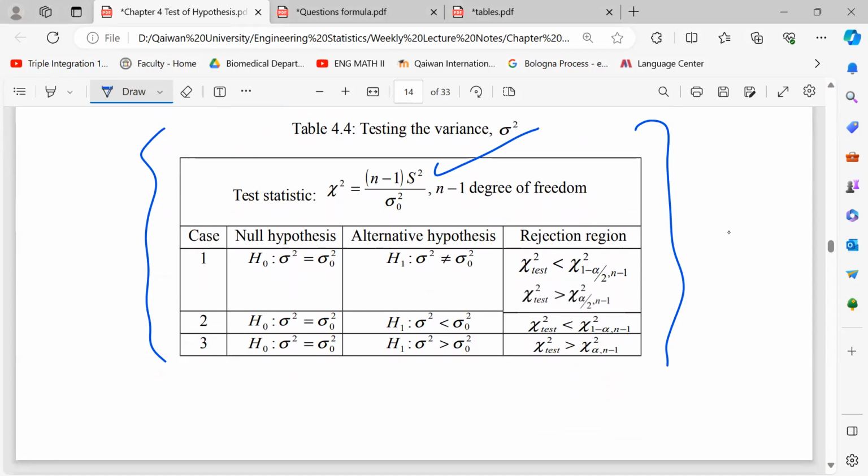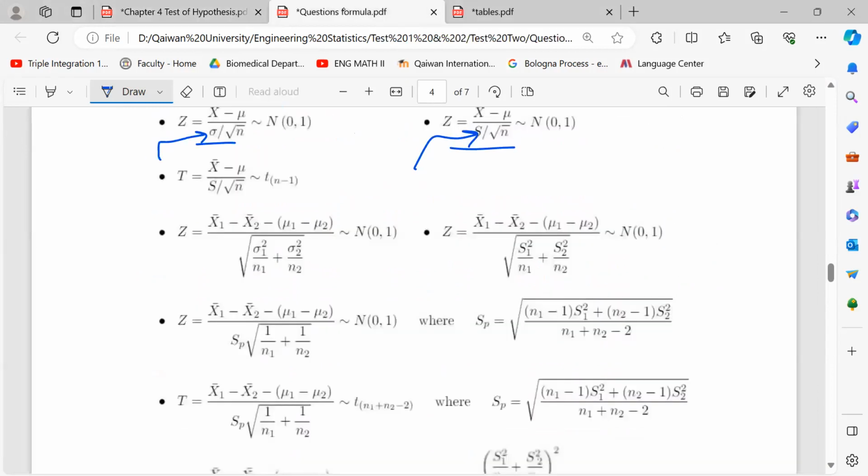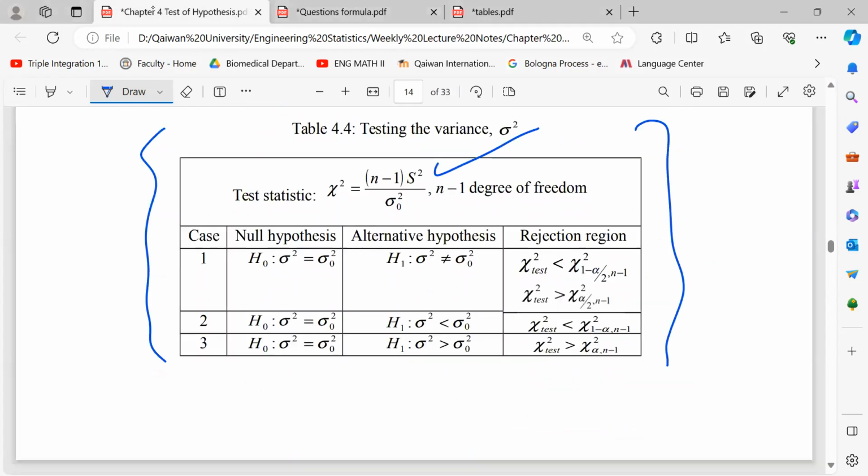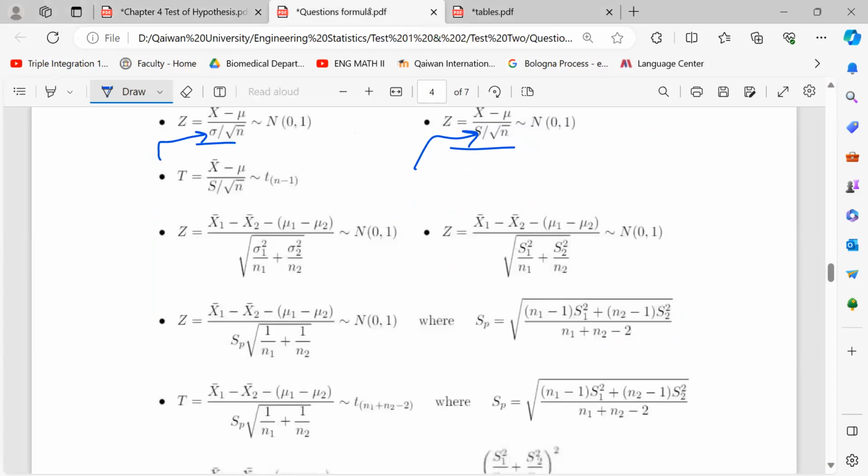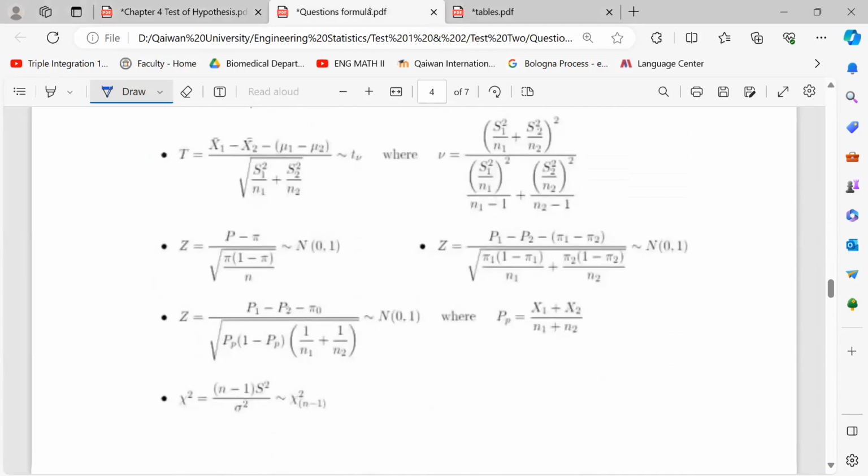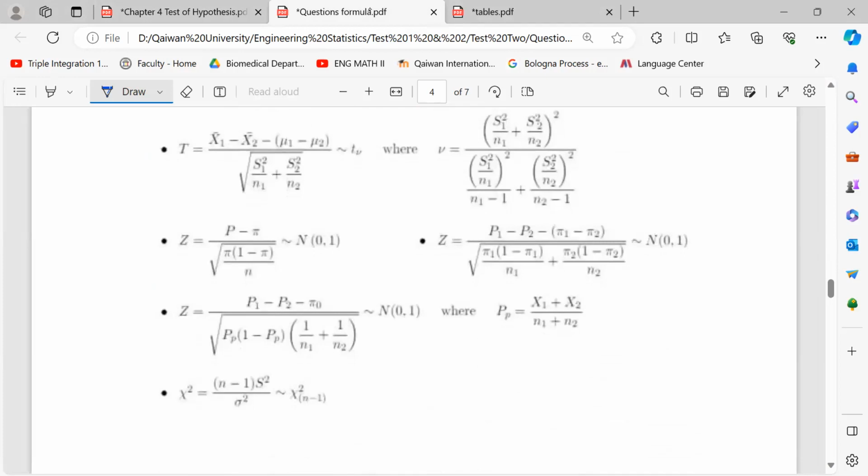You could find this in the list of formulas. Look, chi-squared is this one: n minus 1 s squared over sigma naught squared. That's the rule.